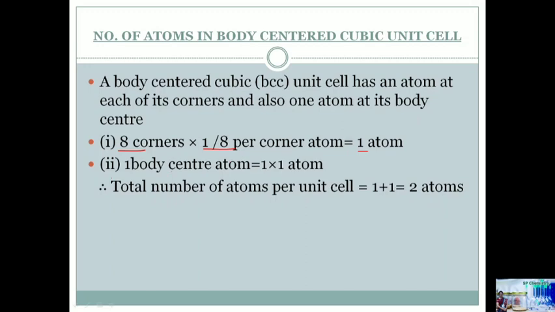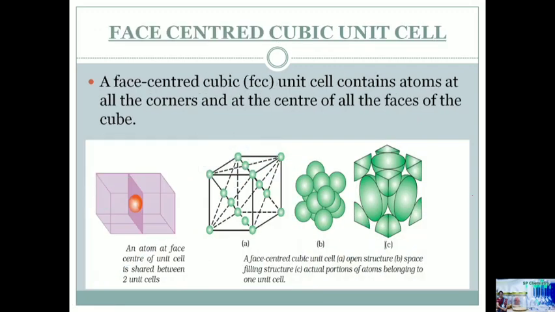Then the body center is wholly present inside the unit cell, so its contribution is 1. So the total number of atoms per unit cell will be 1 plus 1, that is 2 atoms. So the number of atoms in a body centered cubic unit cell is 2. If questions are asked to you, the answer will be 2.